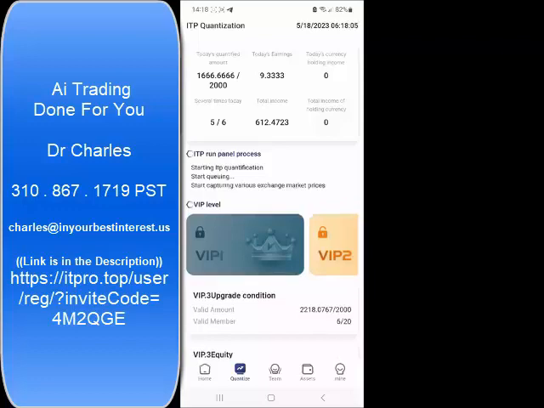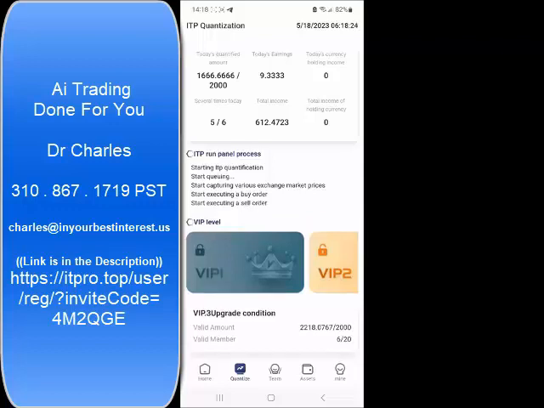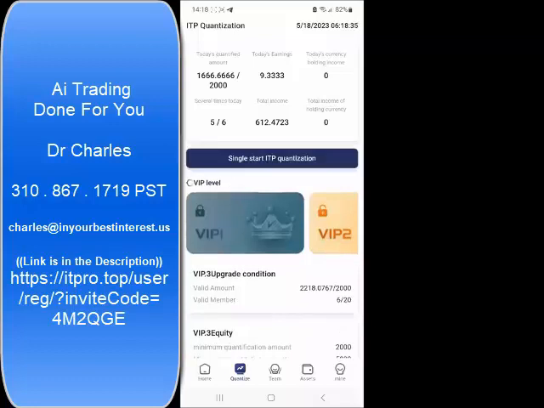Okay, so the AI is capturing information about the various exchange markets around the world and the prices they're selling at. Starting a buy order. Again, it buys at a low price, sells at a high price. Okay, start allocating commissions. Again, if you look at the top middle, you'll see that figure's jumped from 9 to 18.